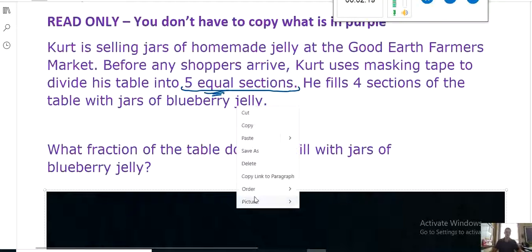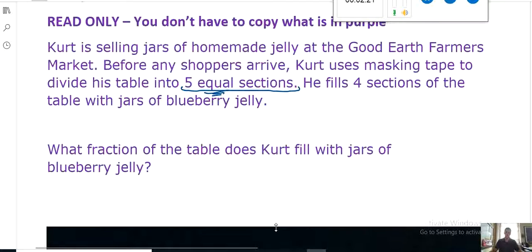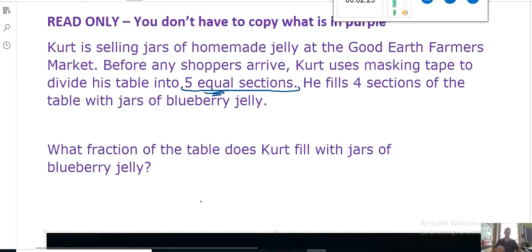To help you think this through, here's how we would set this up. We would say, okay, our fraction must have a fraction bar.